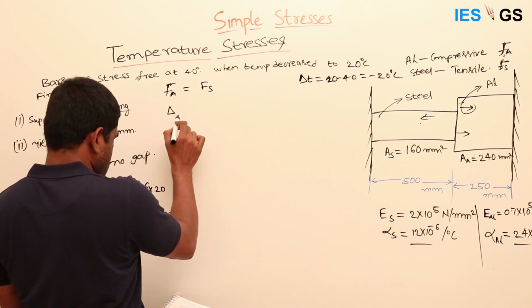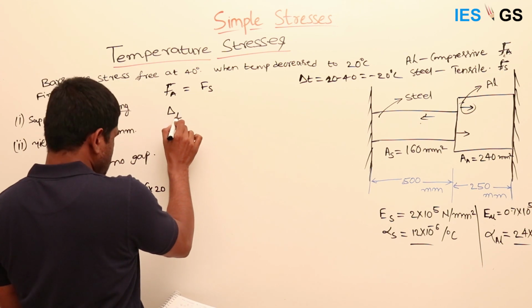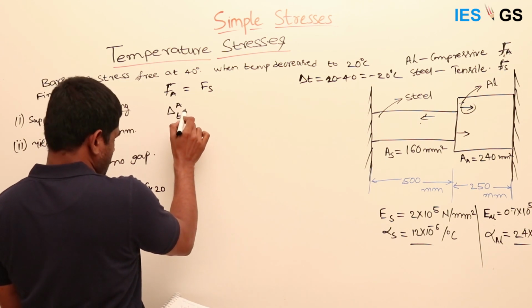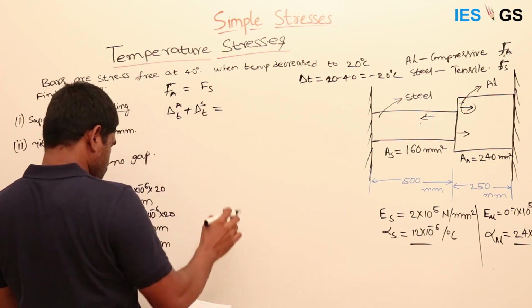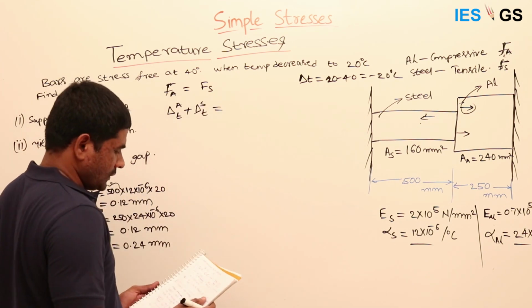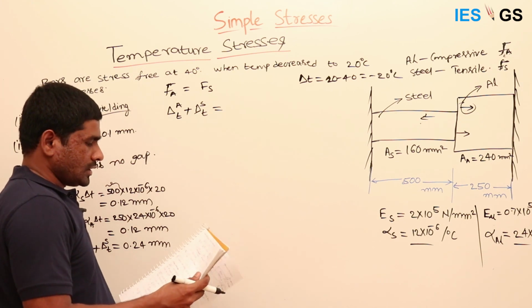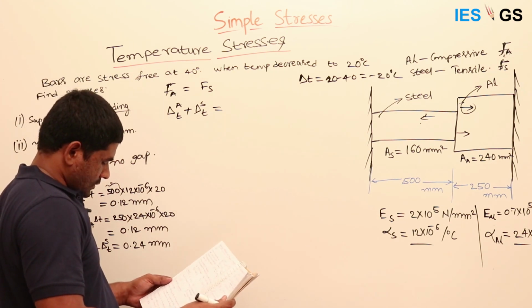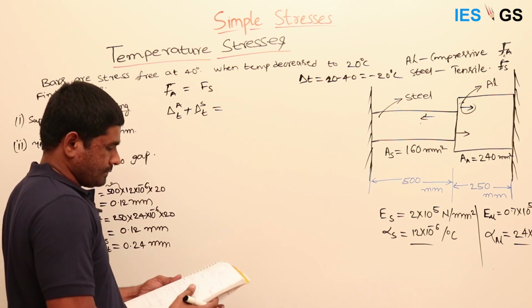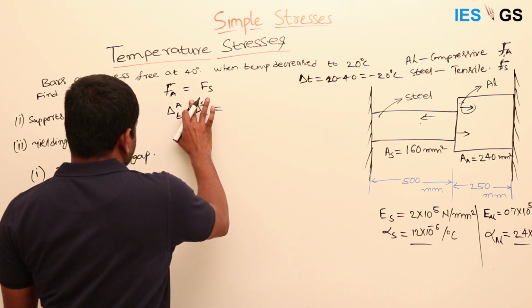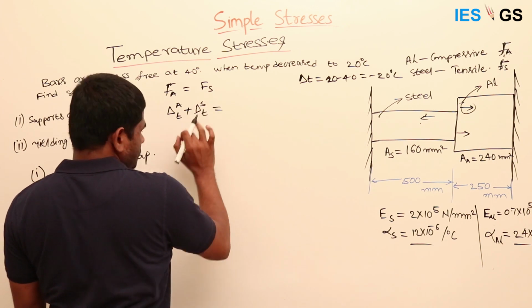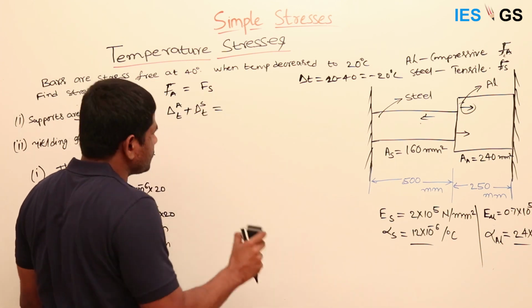Delta A plus delta S equals, actually this is not T, otherwise I can write it as something like this.